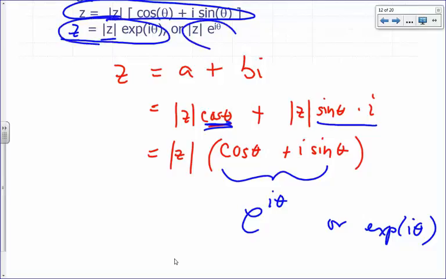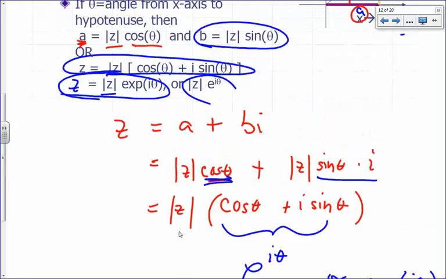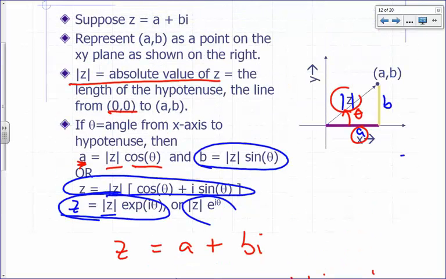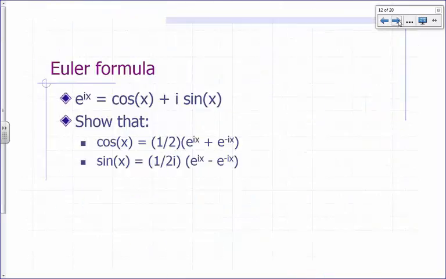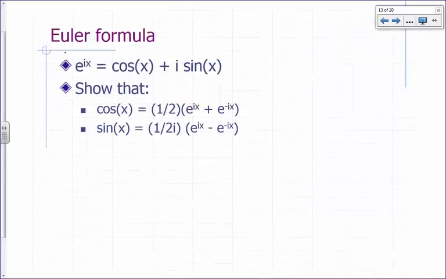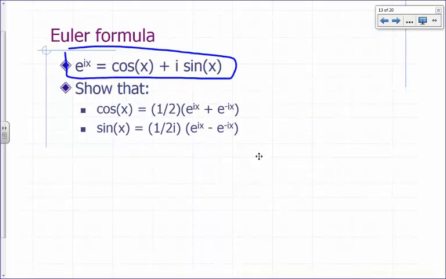So that's an alternative way of representing a complex number. You represent it by the magnitude and the angle that you have to sweep from the x-axis to get to that point. So the magnitude and the phase. Okay. So this expression right here, e to the ix, is equal to cosine x plus i sine x. That's called the Euler formula. Okay, you're going to encounter that a lot in quantum mechanics.